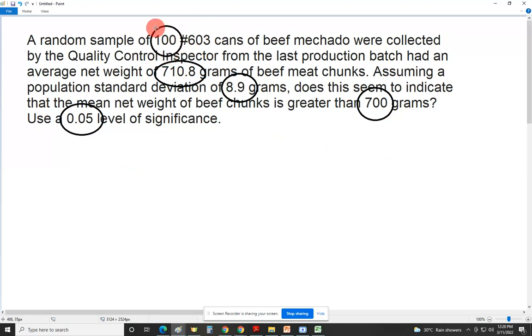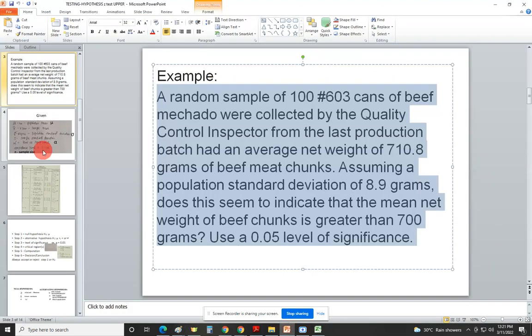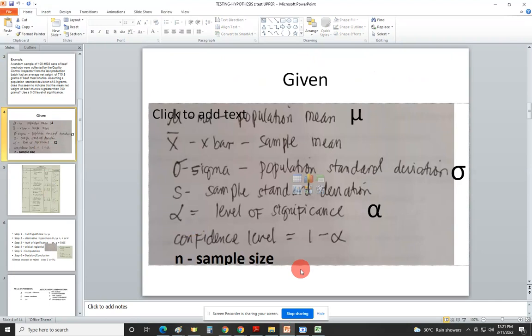Okay? So anybody from the class? What is 100 in the problem? Can you raise your hand, please? Yes, Angelica. Then followed by Eunice, then Clarissa. What is 100, Angelica? Where is it in our symbols? Here. Okay, N. Very good.